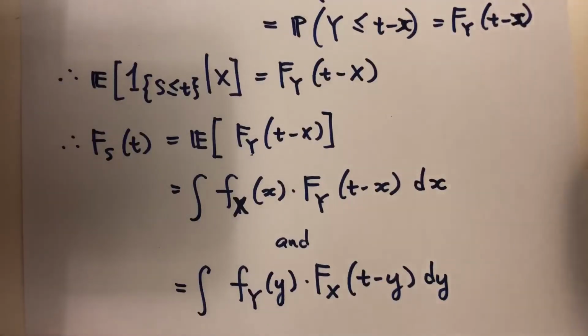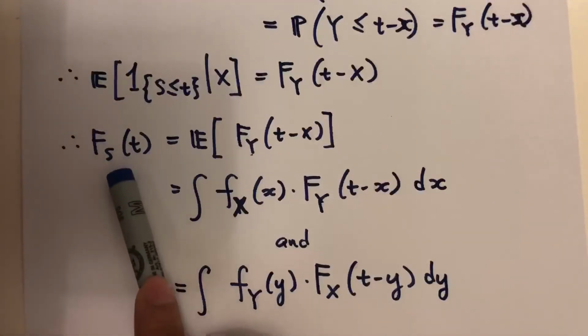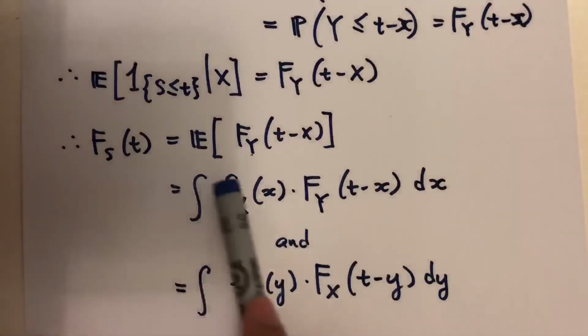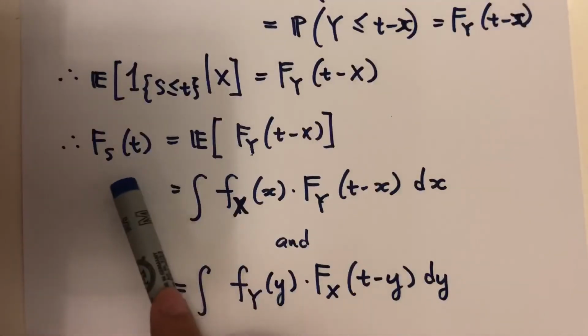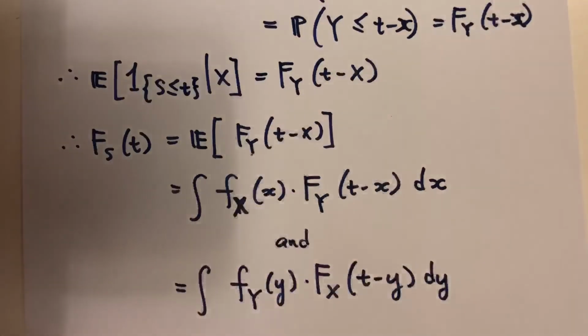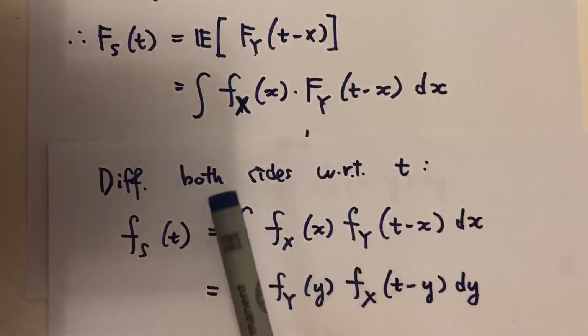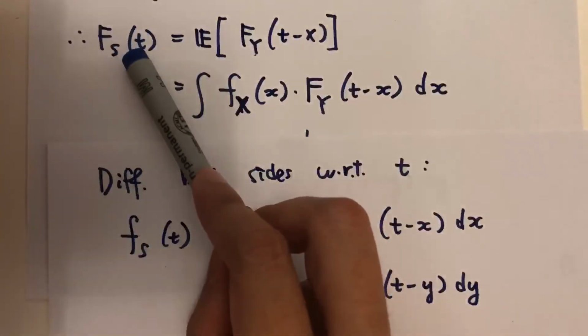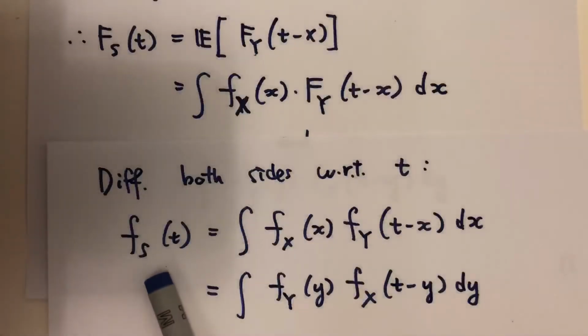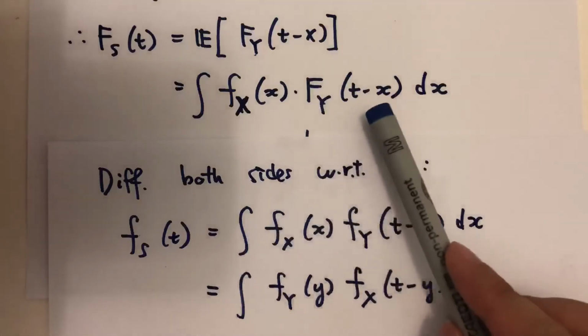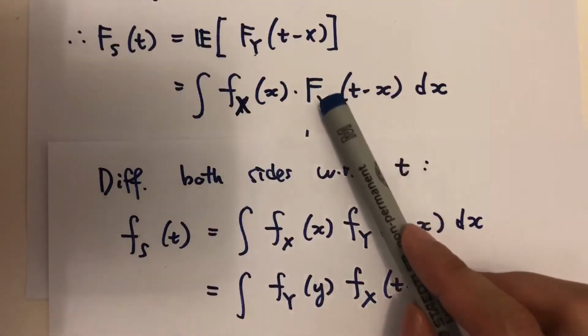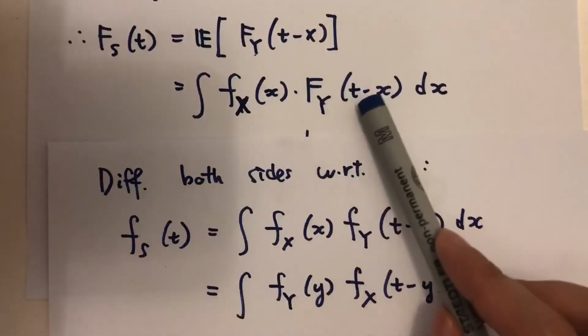Okay, so now we know how to find the CDF of S. Now if we differentiate both sides of this equation with respect to t, we will be able to obtain the density of S. So now let's do it. If we differentiate both sides with respect to t, then the left-hand side becomes the density of S. And then on the right-hand side, we need to differentiate this term with respect to t.